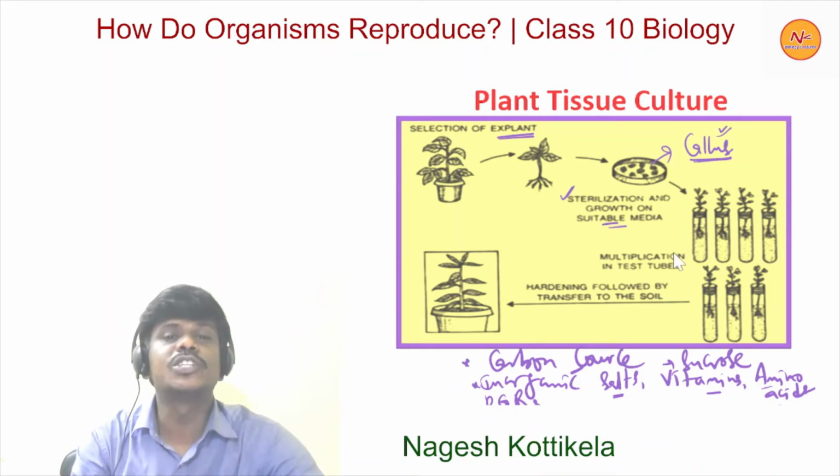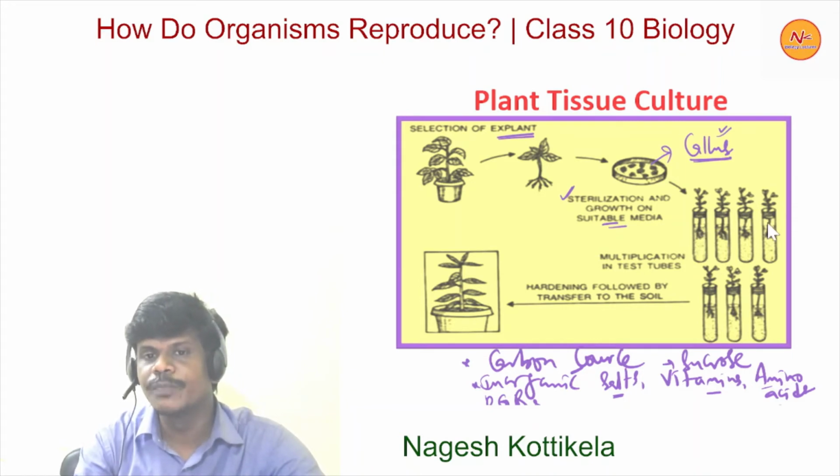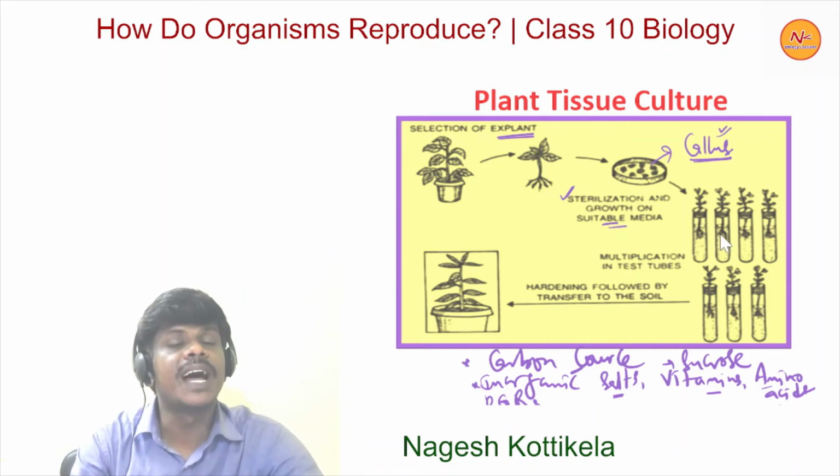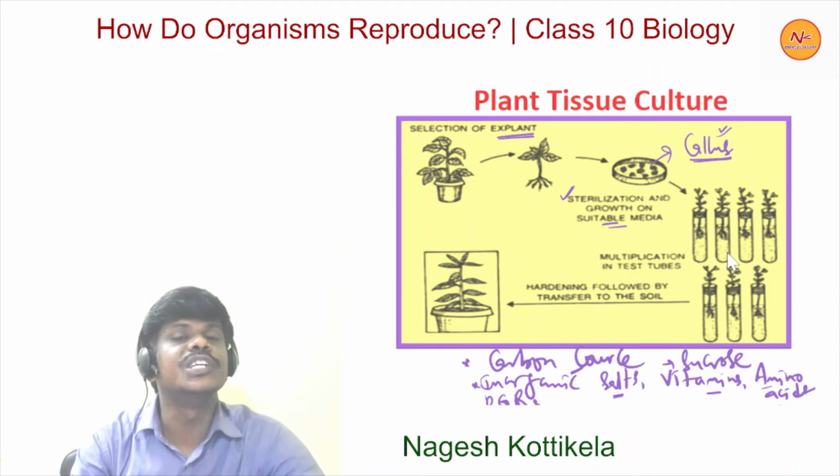So in presence of these plant growth hormones, the callus will grow and differentiate, and new roots and shoots are formed in the plant parts like this. You can see here the root formation and also the shoot formation. This is because of the plant growth regulators which are present in this nutrient medium.